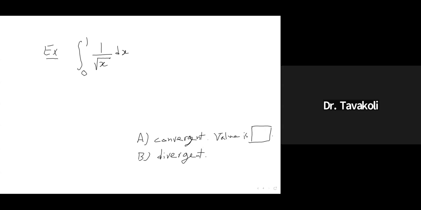So here again, I see that the problem is at 0 because at 0 I face the situation of 1 over 0, undefined, and I need to use that definition. Since 0 was the problem, I replace 0 with c, 1 remains as it is, and find this integral.